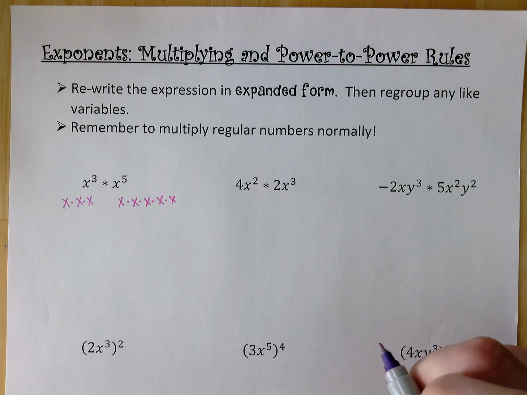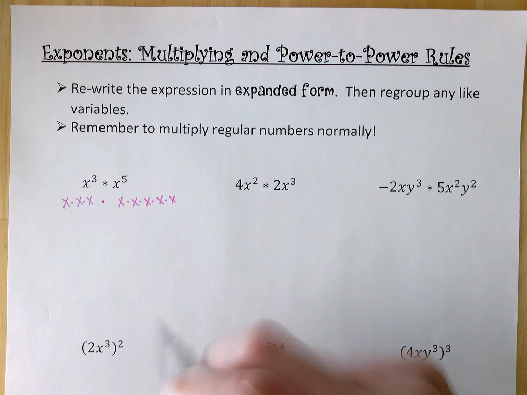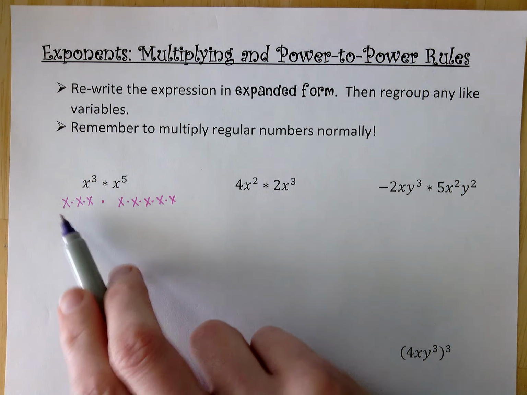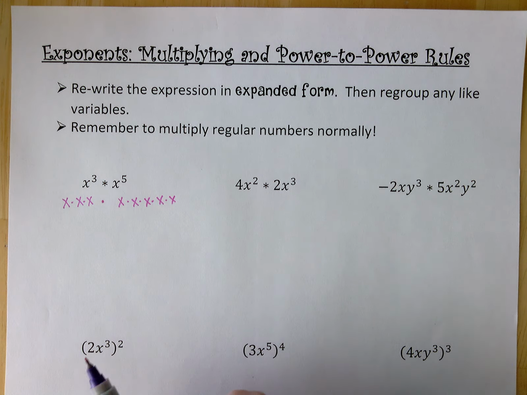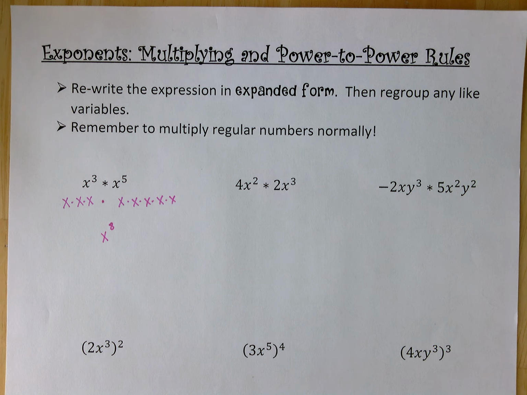So I'm multiplying these 3 x's and those 5 x's. See how when I list it all out like that, it's just a whole bunch of x's? So how many x's are there? Well, 1, 2, 3, 4, 5, 6, 7, 8. 8 x's, so that simplifies to x to the 8th. And there we go, that's our answer.